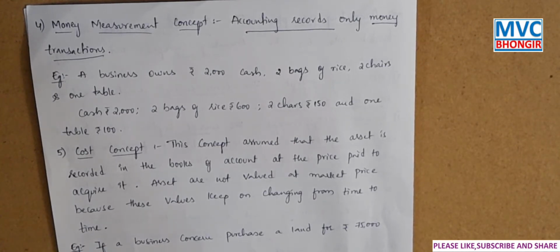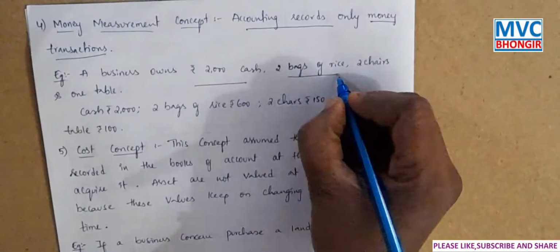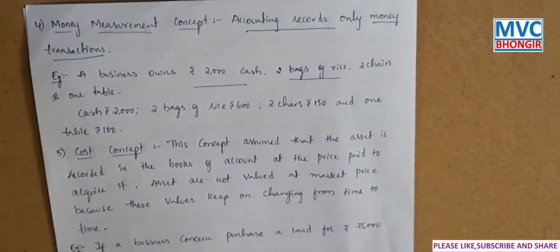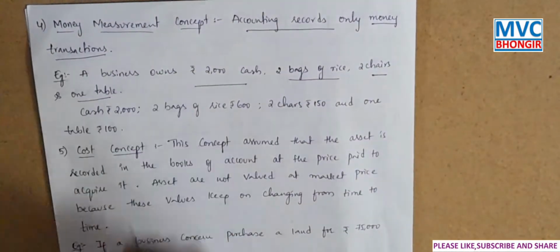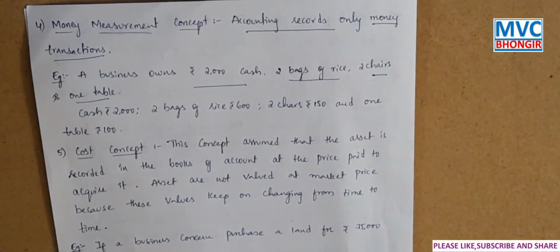Here we are taking an example that a business owns rupees 2000 as cash and 2 bags of rice, 2 chairs and 1 table. These amounts can be added together to produce a meaningful total of what the business owns, if these items are expressed in terms of money.